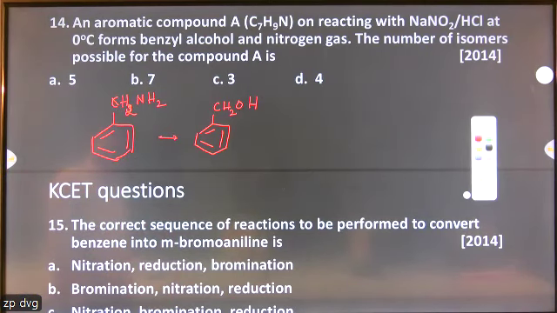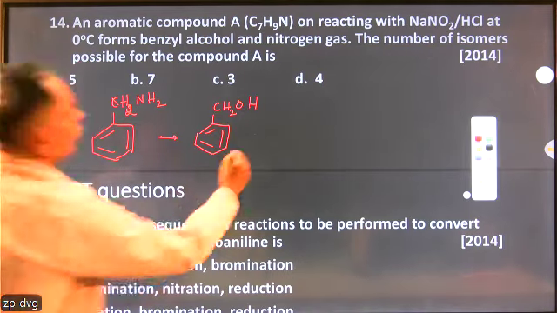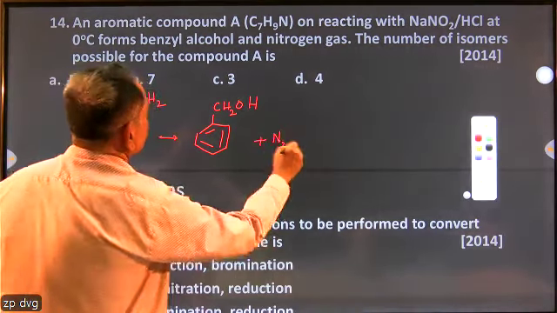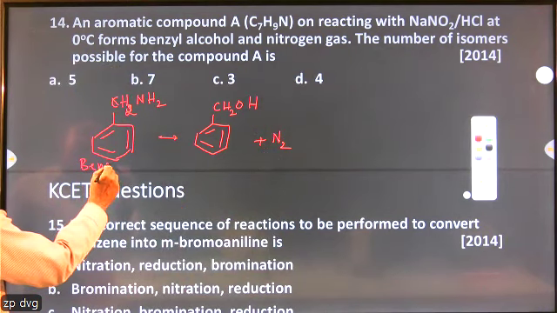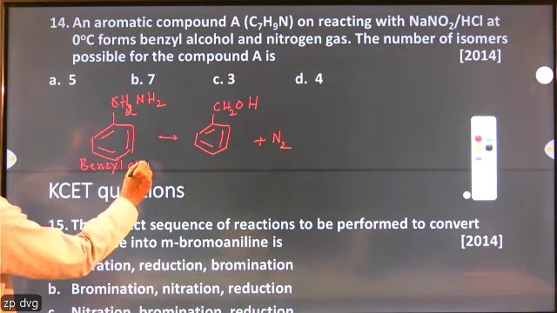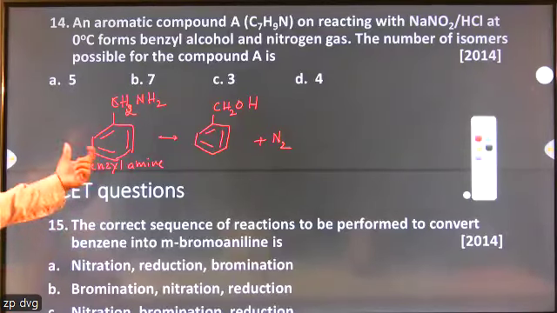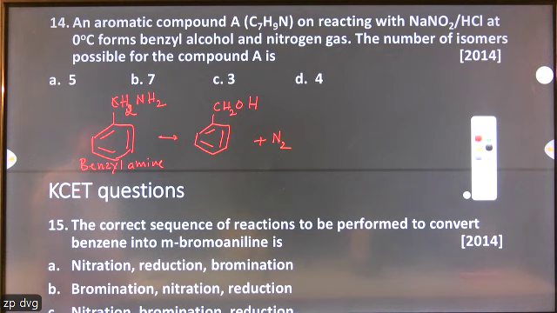Only when benzylamine is treated with NaNO2 in the presence of HCl at 0 degrees centigrade does it give benzyl alcohol with the liberation of nitrogen gas. So this is benzyl alcohol, benzylamine. Now this benzylamine can have isomers. So how many isomers are possible?